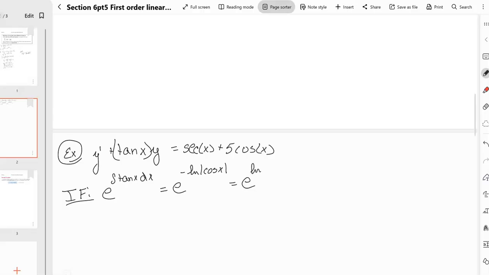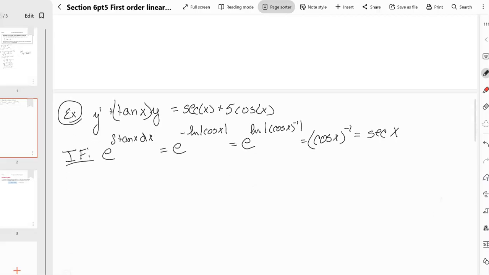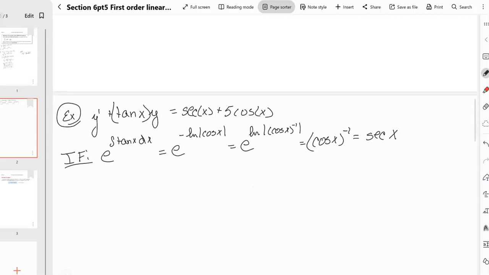So this would be the ln of cosine of x to the negative 1. And we know e to the ln of something is going to be just that something. So this is going to be cosine of x to the negative 1, which is the same thing as secant of x. So there's my integrating factor.